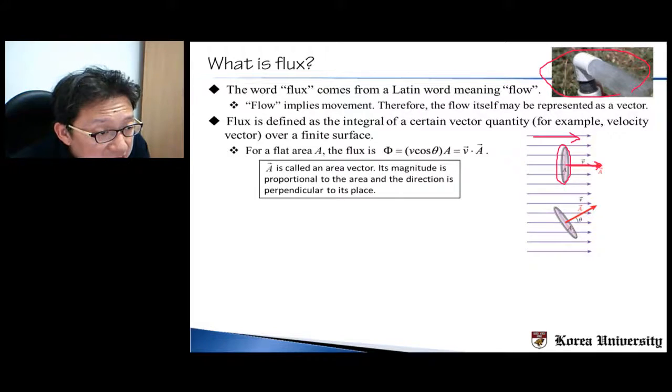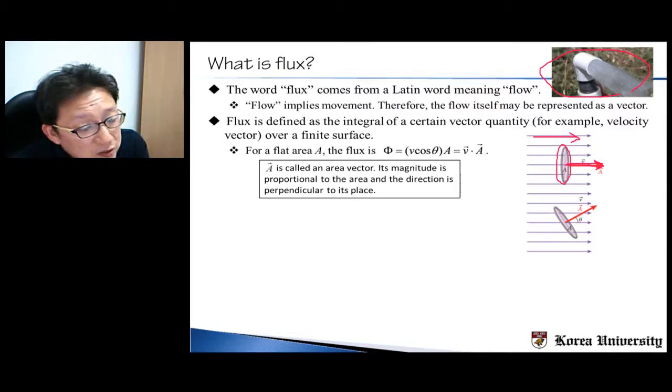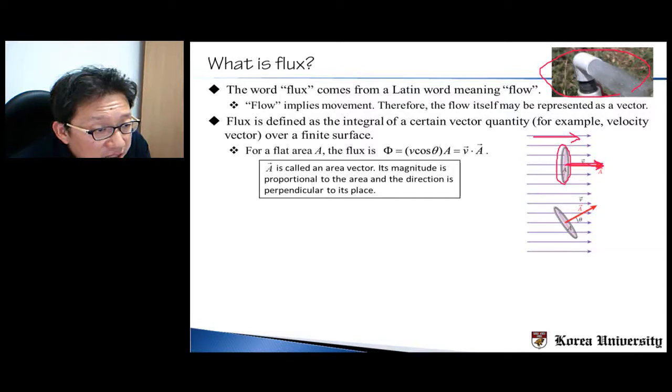Okay, so in this case, the area vector will be pointing along the direction to the right. And in this case, this area itself is located perpendicular to the velocity vector. So as a result, the area vector A will be parallel to the V vector. In this case, there will be maximum flow going through this surface, okay?